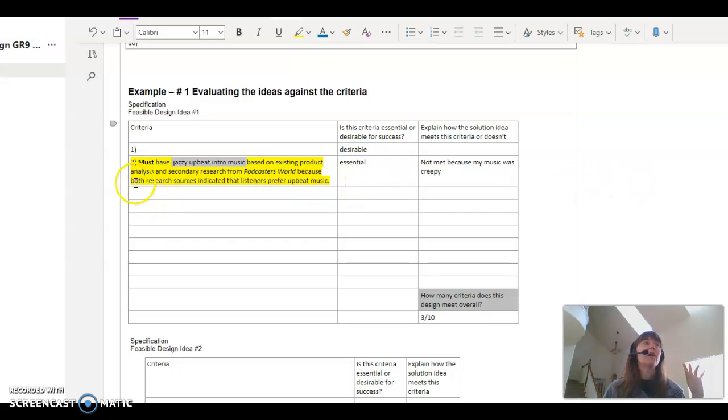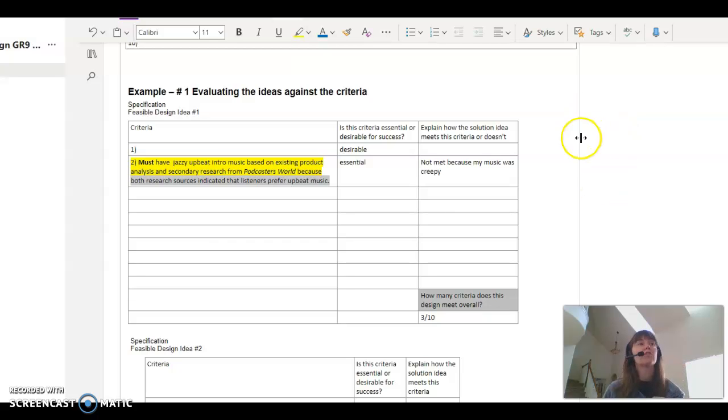And 3, you have to identify why. Why is it important? You can't just say because. It's important because both research sources indicated that listeners prefer upbeat music. Okay, that's our formula. We have to have that formula correct for each one of our criteria, except for one, the one that is the constraint.